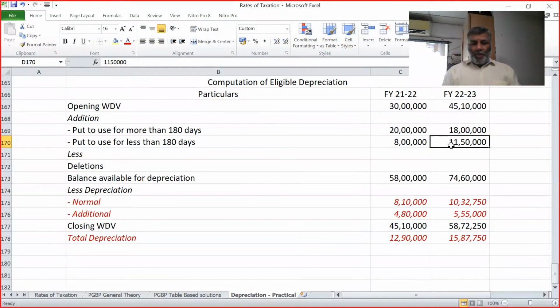So 12 lakh 90,000 and 15 lakh 87,750 are the depreciations for the respective years we can claim.